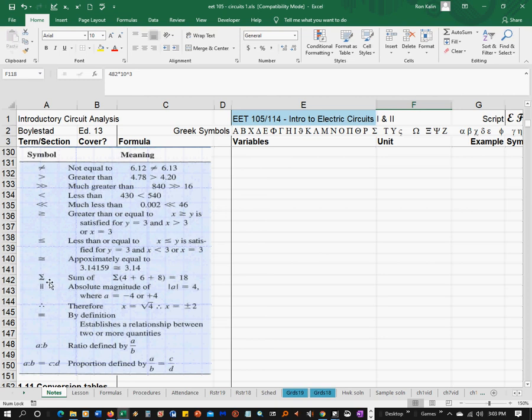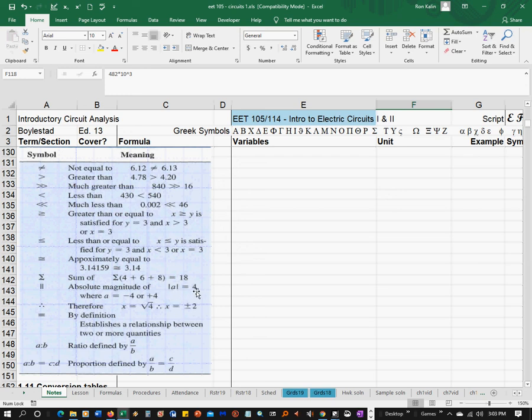The sigma symbol equals sum, so the sum of 4, 6, and 8 equals 18. Absolute magnitude, it would be a vertical bar on each side of a variable or a number.